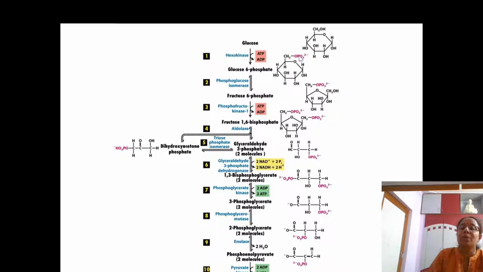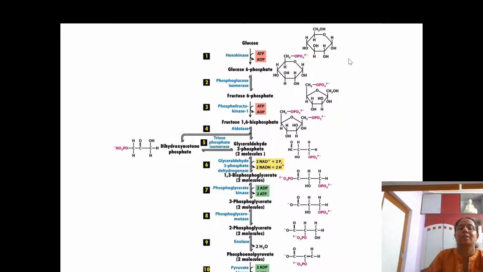And to introduce this phosphate group, we require ATP. This is the ATP requiring step where one phosphate group is transferred from ATP to glucose, so in turn ATP is converted into ADP. So in the first step of glycolysis, glucose is converted into glucose 6-phosphate.